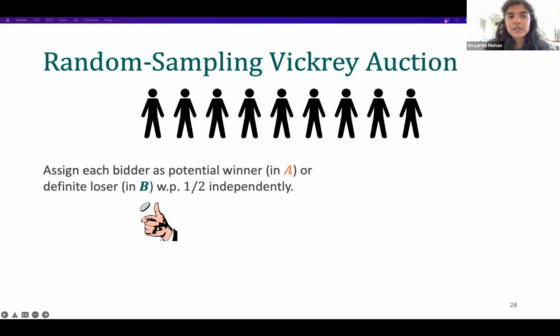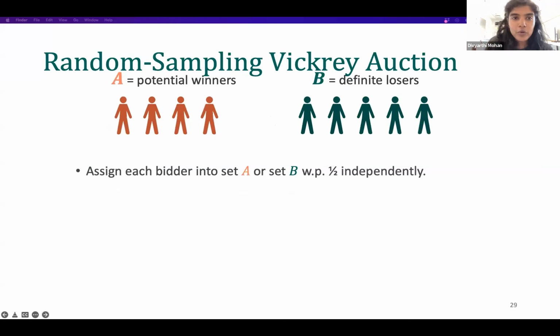If it's tails, I say that, oh, they are in set B, they're definitely a loser. So I toss a coin, see that this person's in B. I toss a coin, this person is also in B. Toss a coin, this person is A. And then I do this for everybody. Okay. So I find a random partition of the set of agents and have the potential winners as set A and the definite losers as set B.